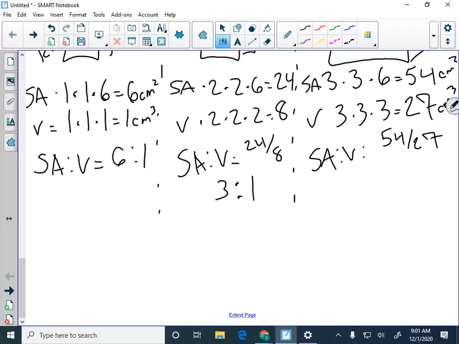This means that as our volume increased, our surface area to volume ratio decreased. So as our surface area to volume ratio decreases, our efficiency decreases.